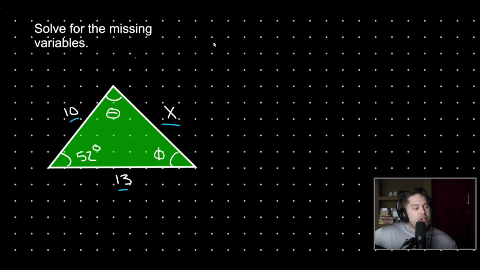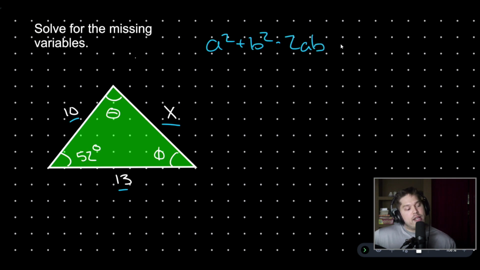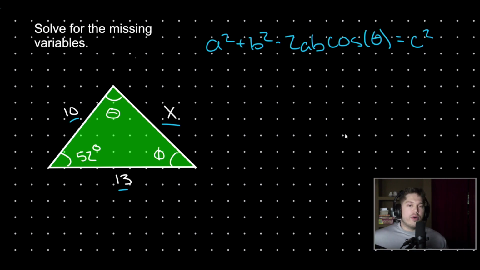Again, our law of cosines is a squared plus b squared minus 2ab times the cosine of theta equals c squared. And again, if you're wondering why it's true, I have another video on myself proving the law of cosines, so check out that video.